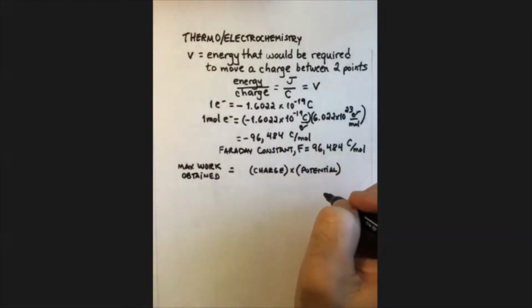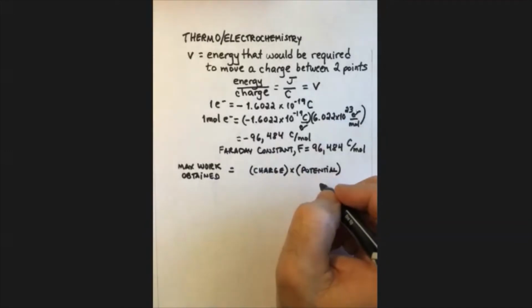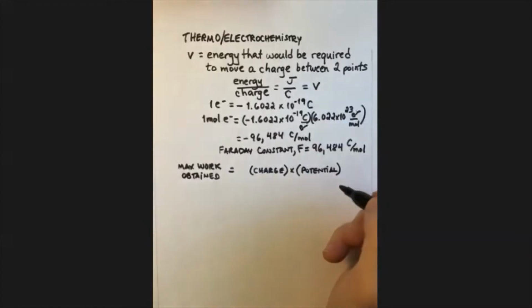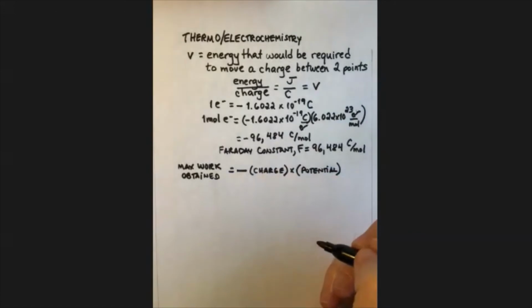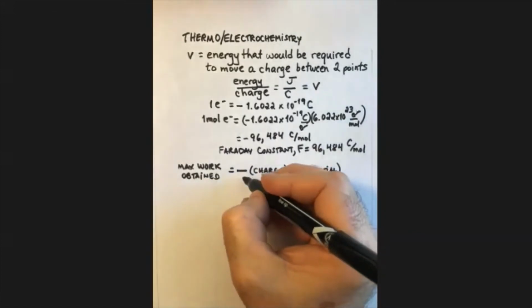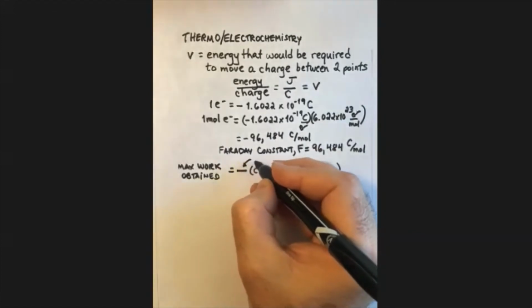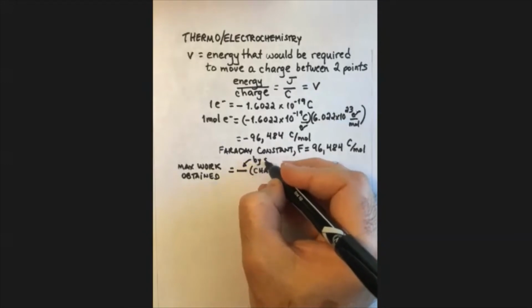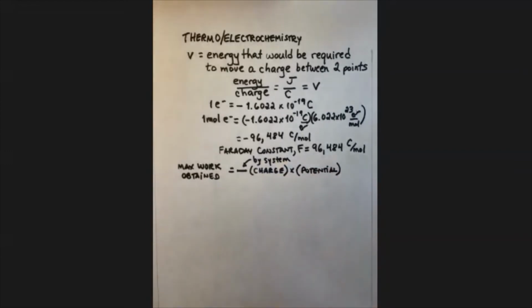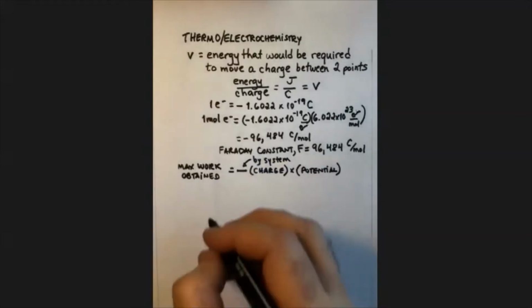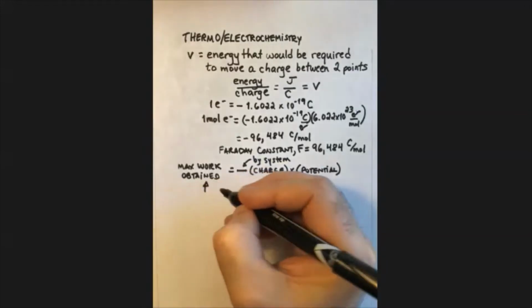Now, because our system is the redox reaction, because our system is the one performing the work, we put a negative sign in here, right? That is indicative that this is work done by our system. You remember the conventions that we had in thermochemistry about the signs of directions of energy. Well, what is the maximum work that we can obtain?